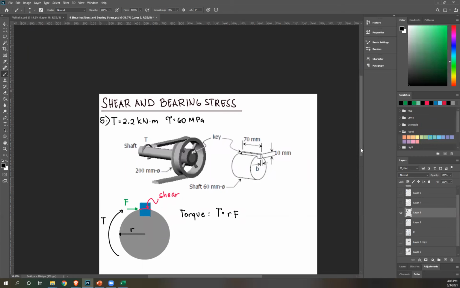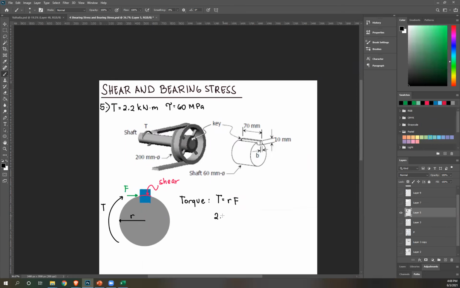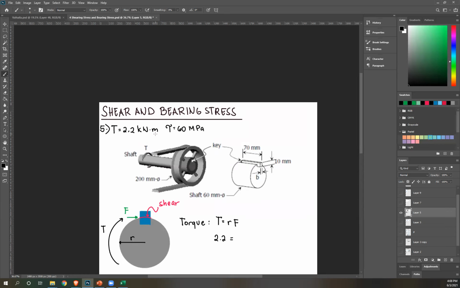So torque equals RF. Torque is 2.2 kilonewton meter. The radius of the one experiencing torque, which is the shaft: the diameter of your shaft is 60 millimeters, so that's 30. Now we need to convert, because our units are not uniform. This is kilonewton meter.